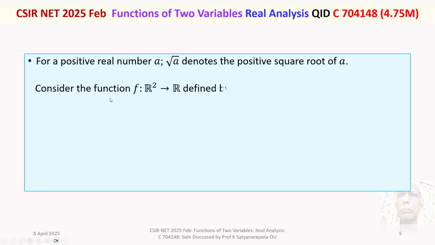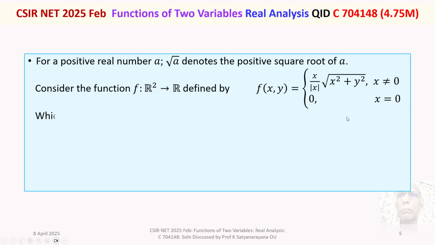Consider the function f from R square to R defined by f of the ordered pair x comma y is equal to x by mod x multiplied by under the square root of x square plus y square when x not equal to 0, and is equal to 0 when x is equal to 0. Which of the following statements are true?